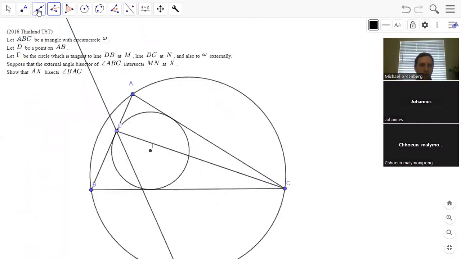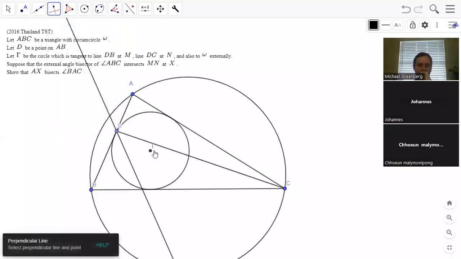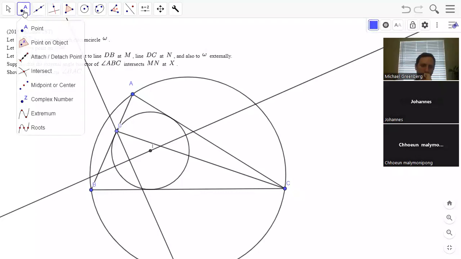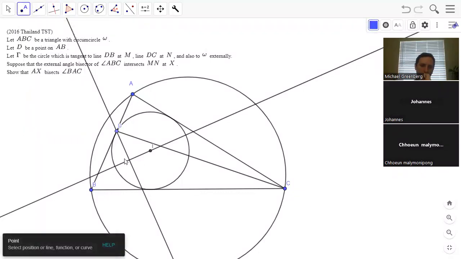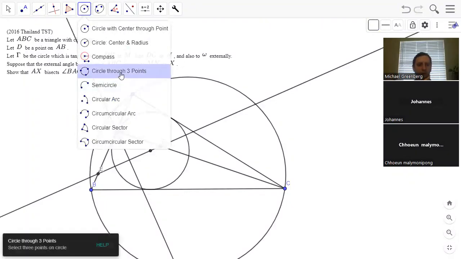So I'll drop a perpendicular. Oh, so does it pass through these? Are these two points the points of tangency with BDC? Yeah. Okay. So then you can just do this and this.